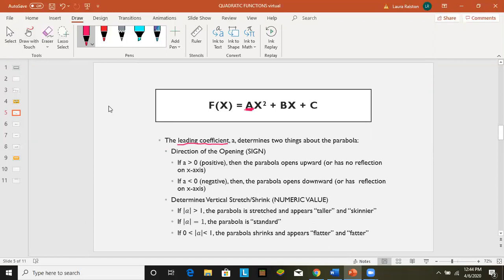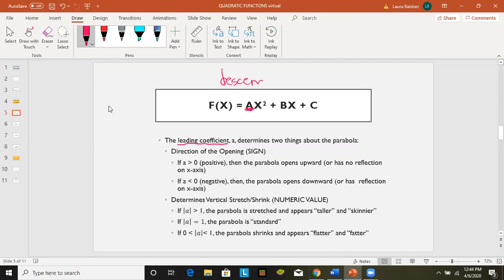Coefficient is the name mathematically for the number in front of a letter. And it's the leading coefficient because it's out front, it's in the lead. If you'll notice that when you write a quadratic, you have the highest exponent first, so you'd have the x squared term first, then you have the x term, and then you have the constant. This is called descending order.